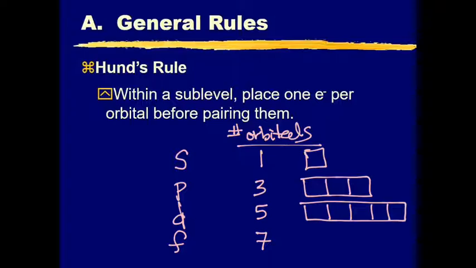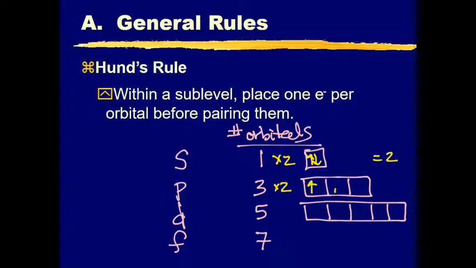We can also add on your number of electrons, to tie this back into section 2. S can only hold 2 electrons, 2 electrons per orbital, so 1 times 2 is equal to 2. 3 times 2 is 6.